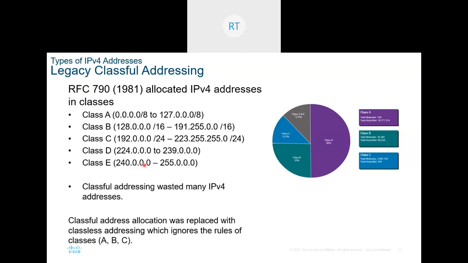The way it works is that addresses previously were assigned by classes. So if an organization was a big network enterprise, they used a class A address, a class B address, or class C. Those are the ones that are used. Class D is not used. It is reserved for multicasting.